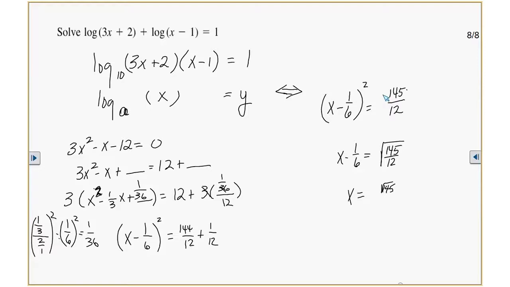You missed the 3. Without the 3, you've got to divide by it. Oh, thank you, you're right. That'd be a 36. Thank you.